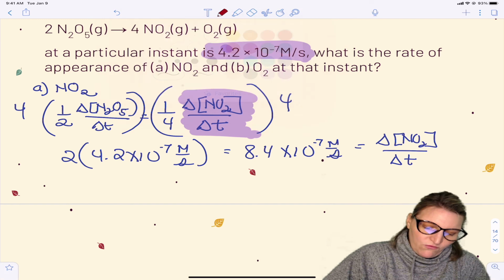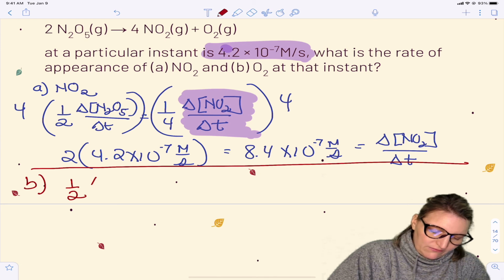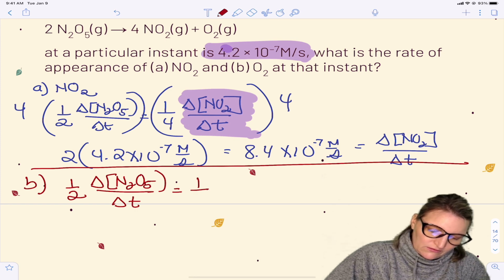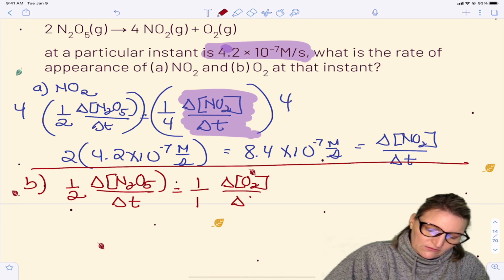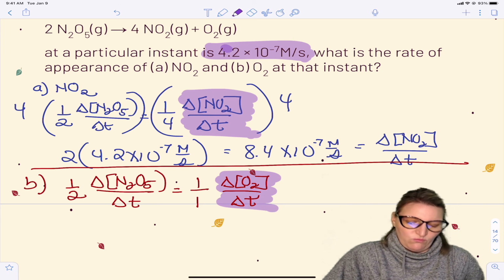Same thing for B. B is looking at O2. So 1/2. This is what I want to solve for. Pretty straightforward.